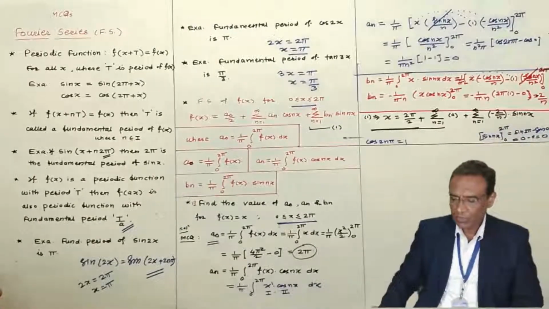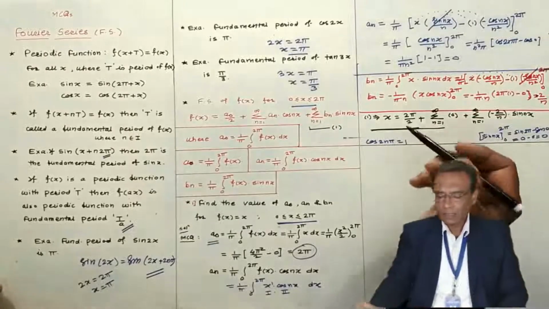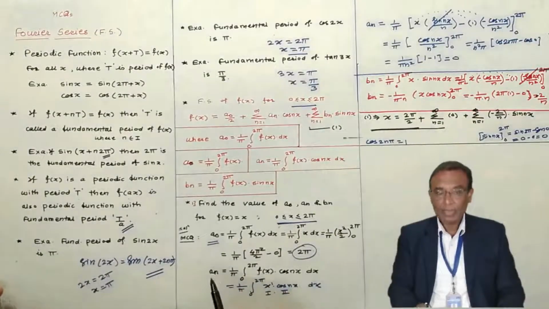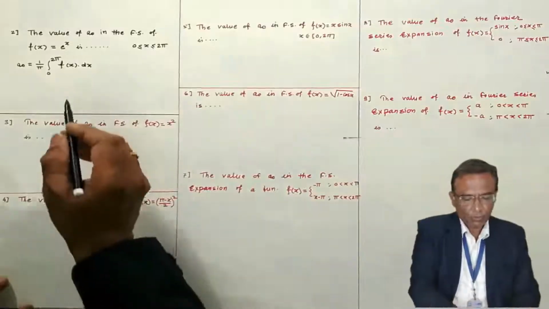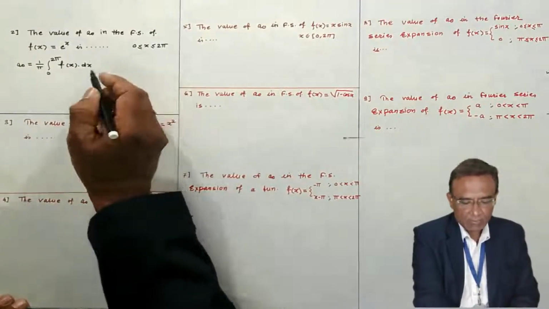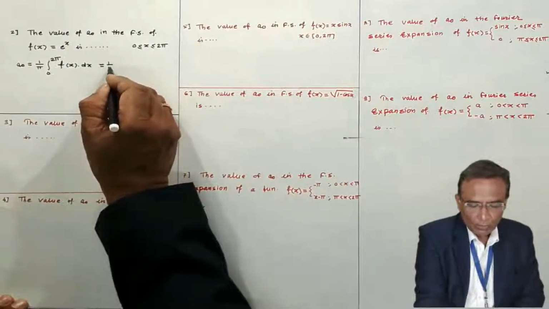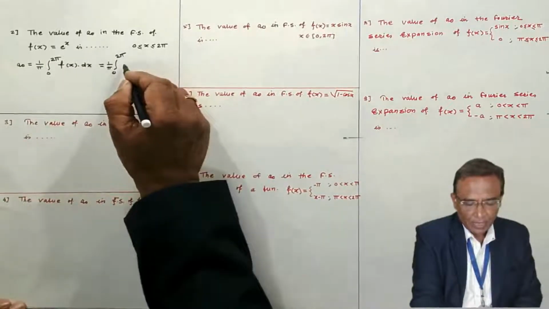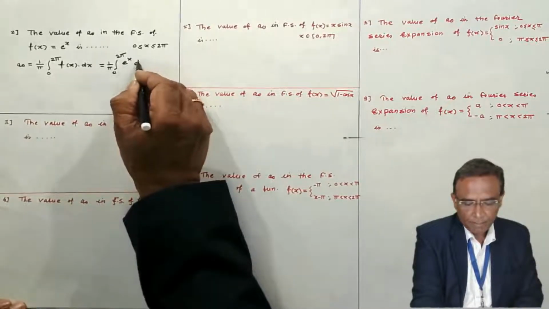In an online examination, it is less likely that the value of an and bn will be asked. The value of a0 is important. In the next problem, the value of a0 in the Fourier series of the function, the range is given. Now what to do? 1 by pi, 0 to 2 pi, this is the formula for a0. fx is what? e raised to x.